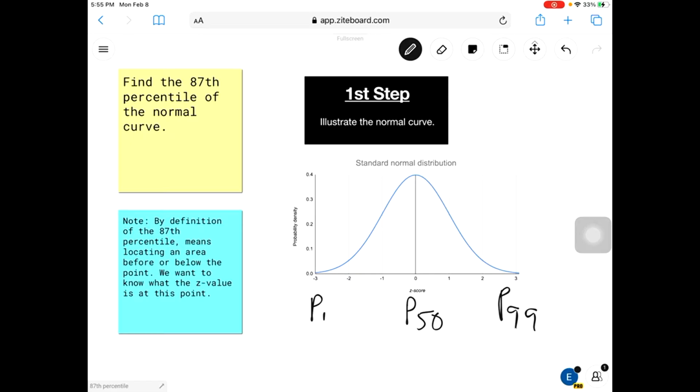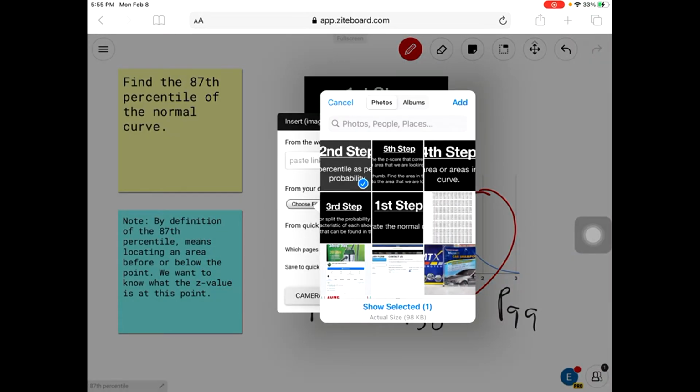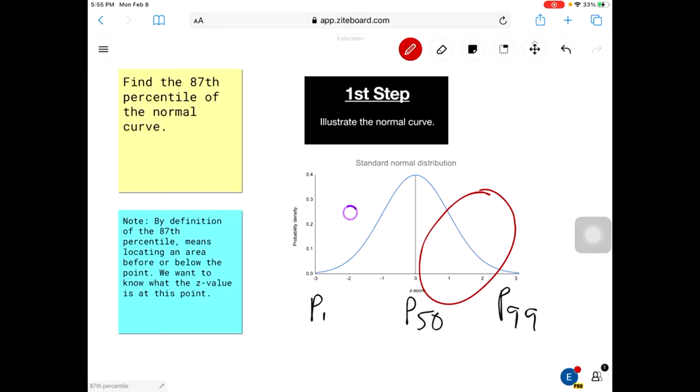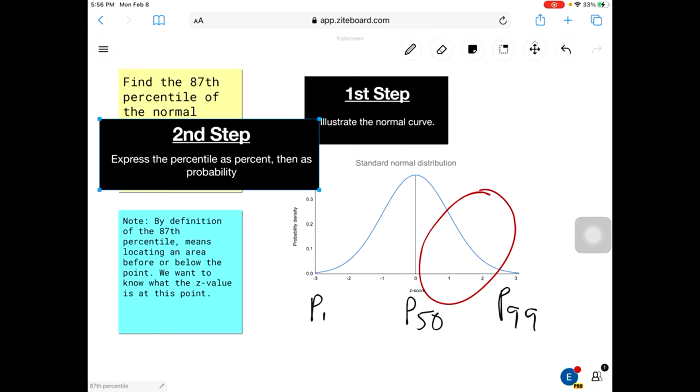And we have to remember that the 87th percentile is going to be somewhere here. Okay, somewhere there.